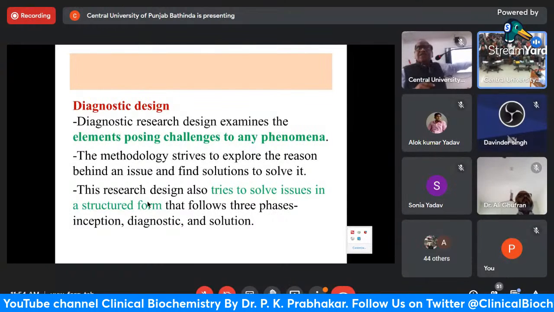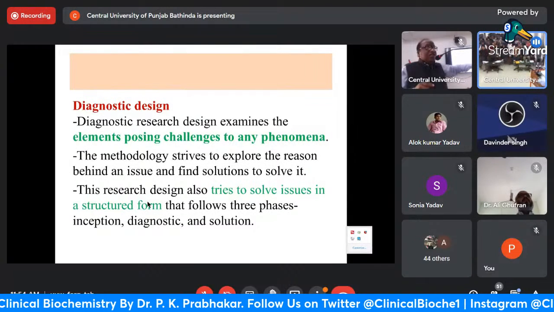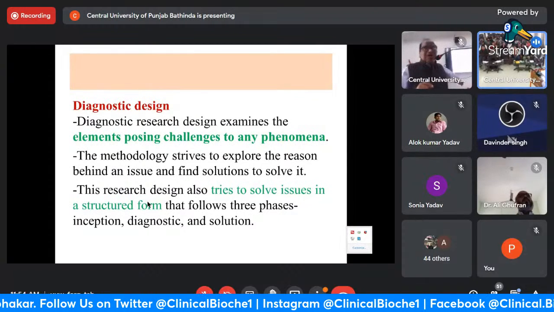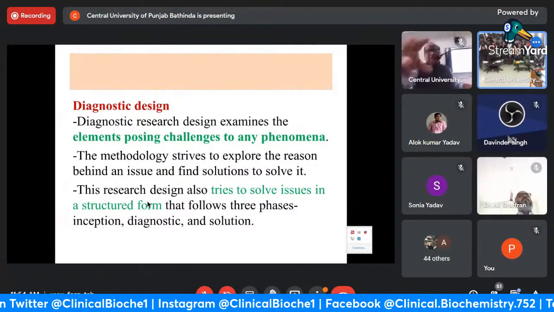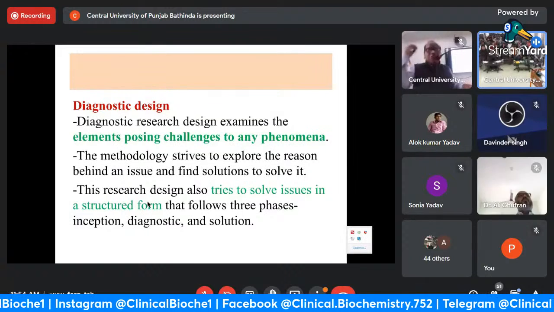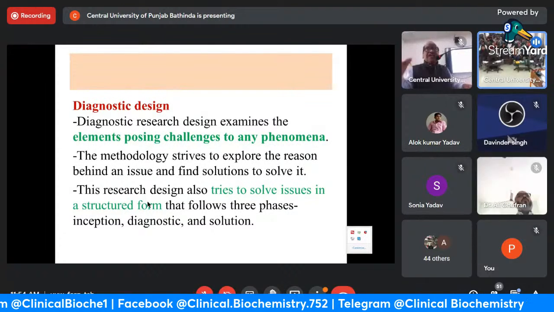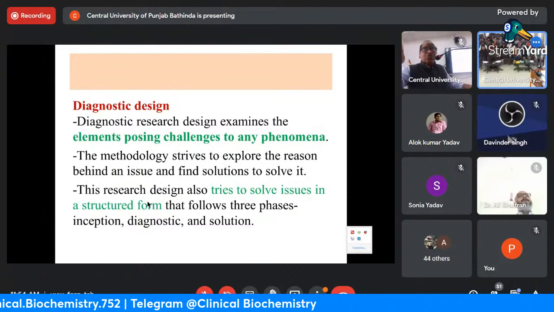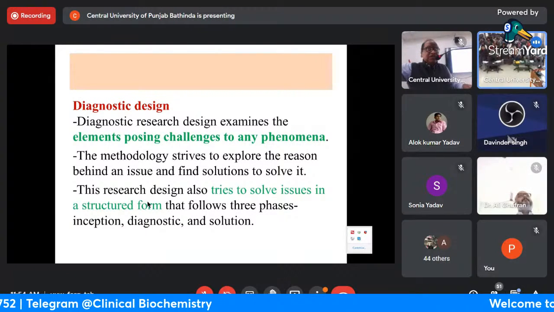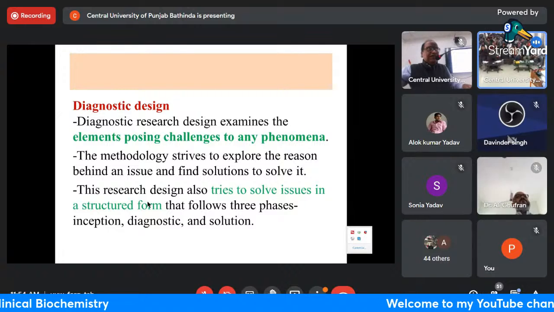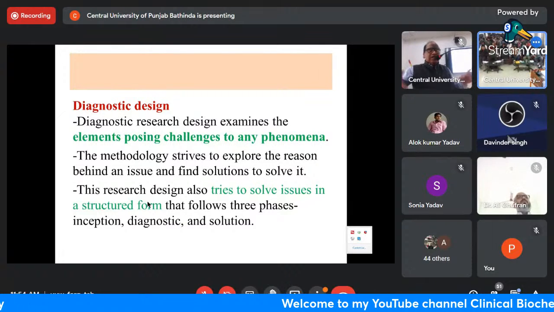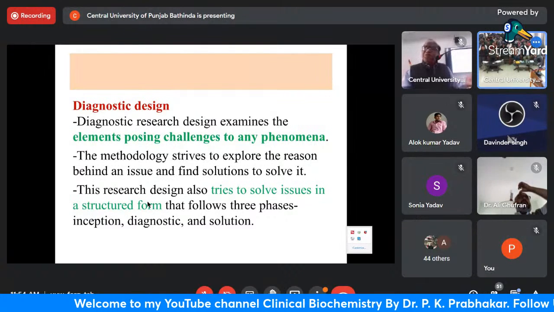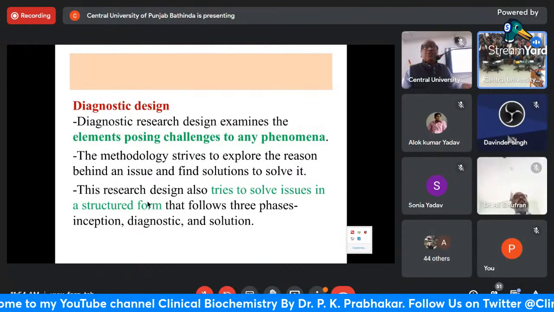And after that, with your clear knowledge and understanding of the problem, you go for diagnosis. Because your preliminary verification fails to provide you a complete idea about the cause of the problem. So then only will you go towards the diagnosis. You conduct a detailed diagnosis either through social phenomena or a clinical method. From different ways, you can go for diagnosis.